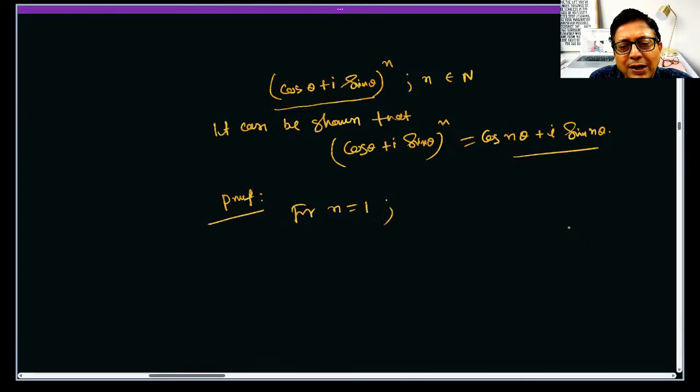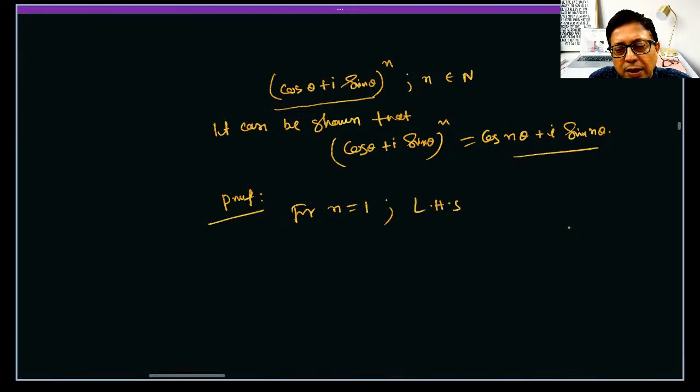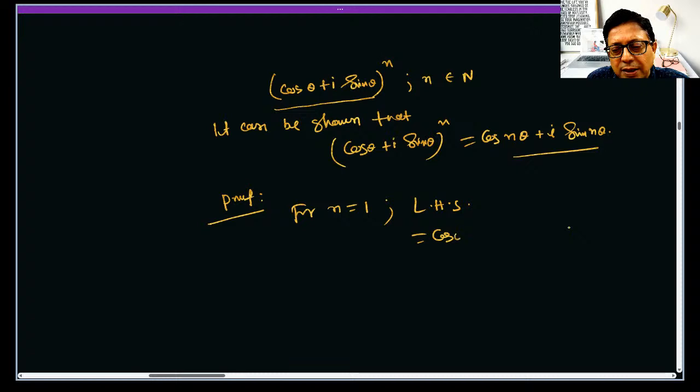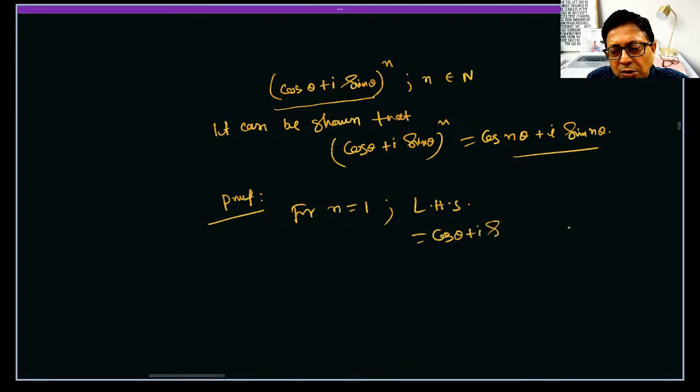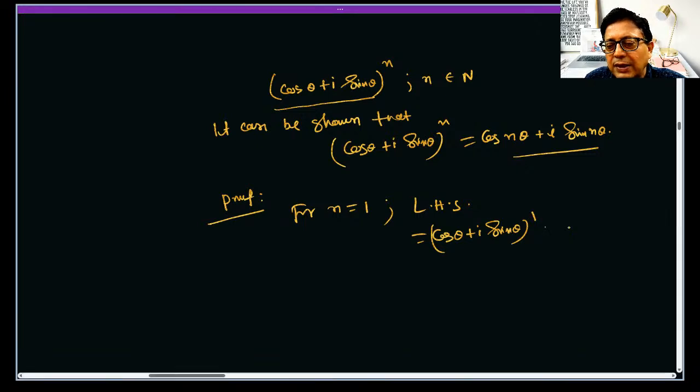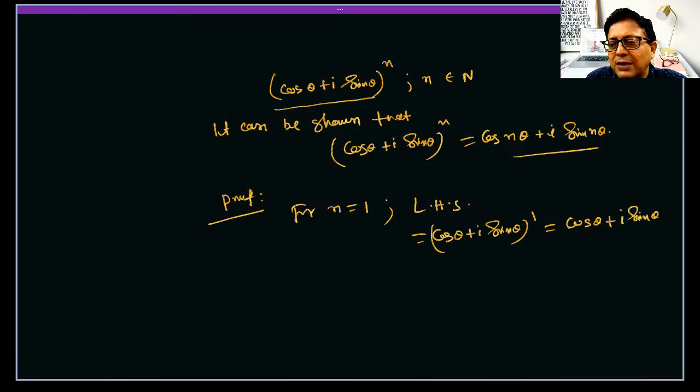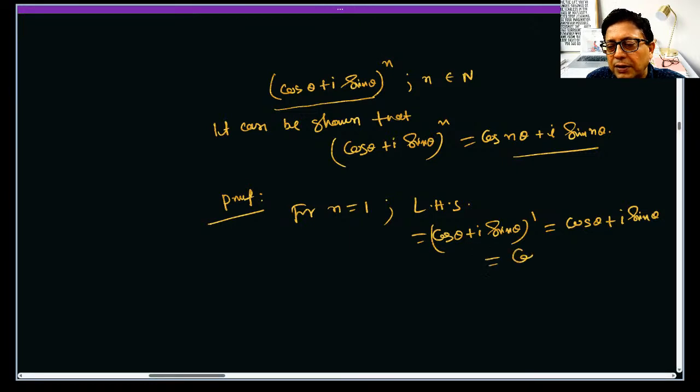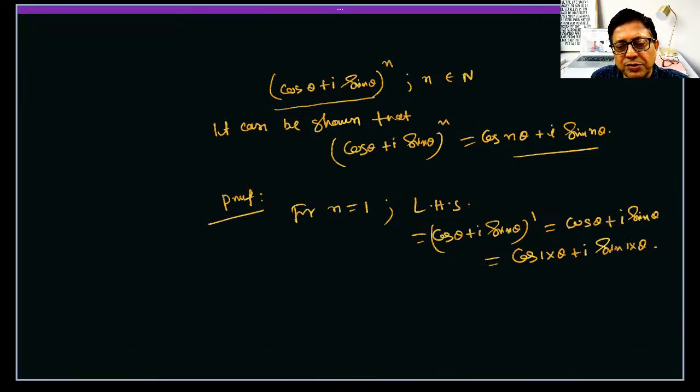For n equal to 1, left hand side, cos theta plus i sin theta to the power 1. If index is 1, this we can write cos theta plus i sin theta, which is nothing but cos 1 into theta plus i sin 1 into theta.